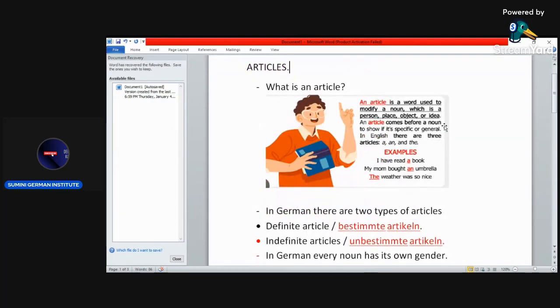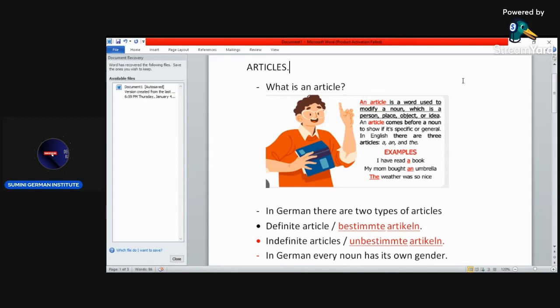What is an article? An article, according to the picture here, is a word used to modify a noun, which is a person, a place, object, or idea. So articles are normally used with people, with places, and objects or ideas.